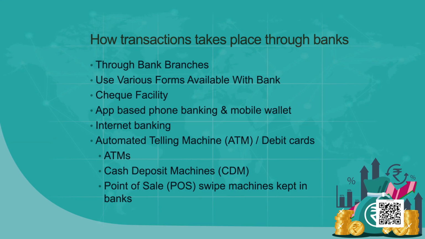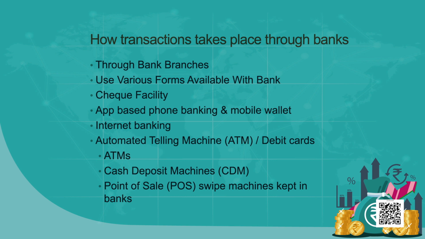Banks also issue a savings bank passbook and cheque facility. You can use the cheques issued by the bank for making payments. You can use your mobile phone, they help you. You can use your internet.